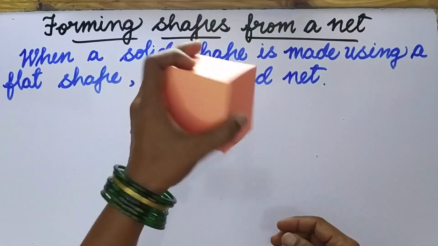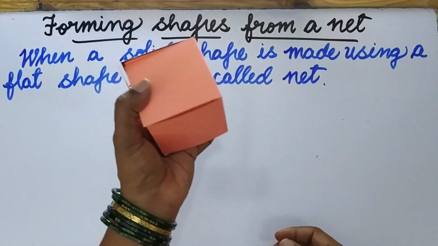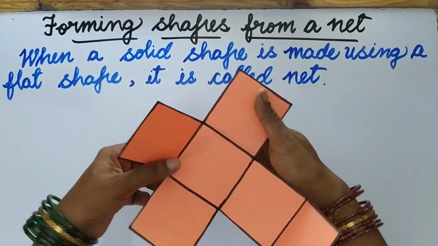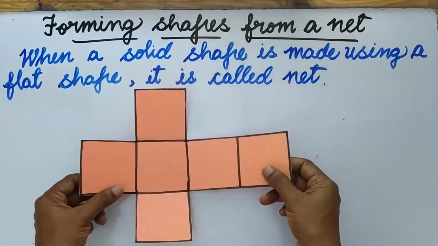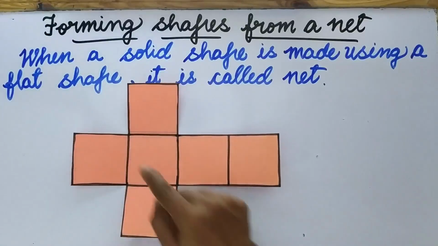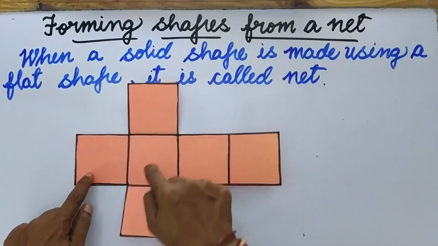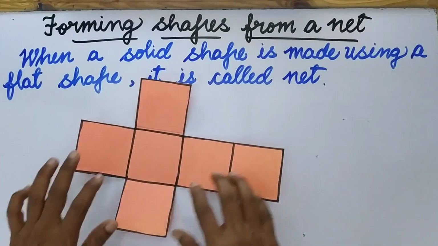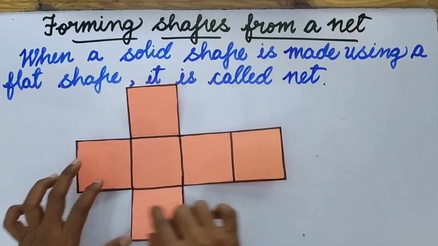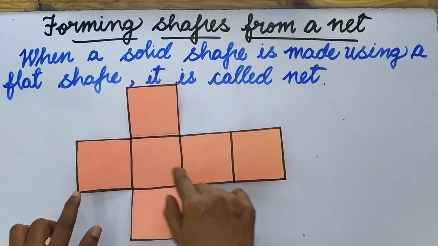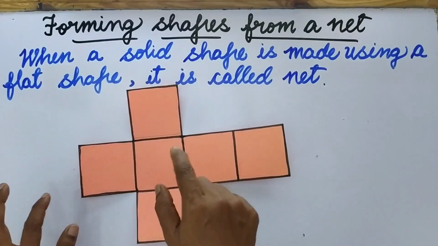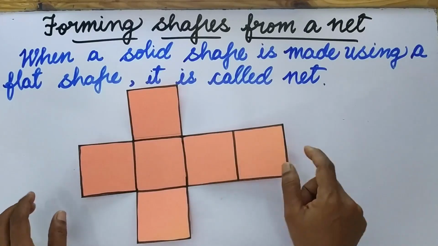See here, here is a cube. Can you see the cube? Have a look. So this is the net of how many faced cube? Count: 1, 2, 3, 4, 5, 6. When you make a net of 6 faces, a 6 squared cube, this is called a 6-faced cube.